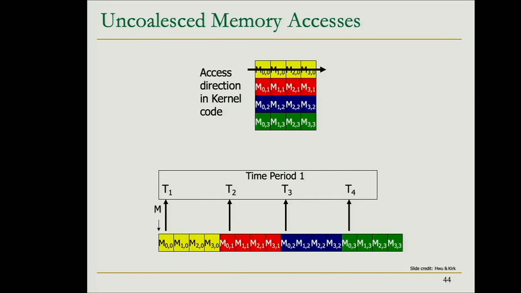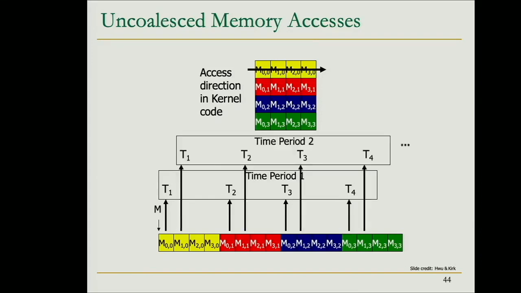In the first iteration, thread 1 reads this, thread 2 reads this, thread 3 reads this, and these 3 are very far away, different cache lines, so I need 4 memory transactions to satisfy this memory request, this first load instruction. In the second iteration, I access the next element, so this is again 4 memory transactions.